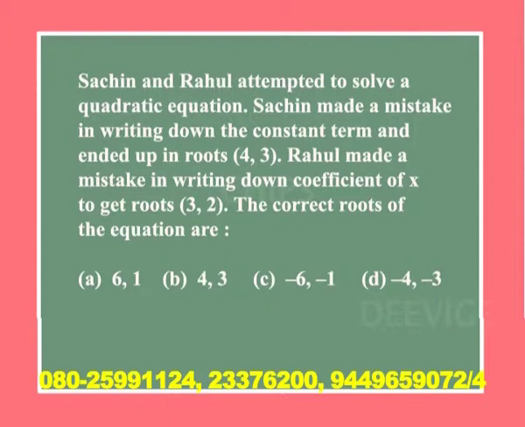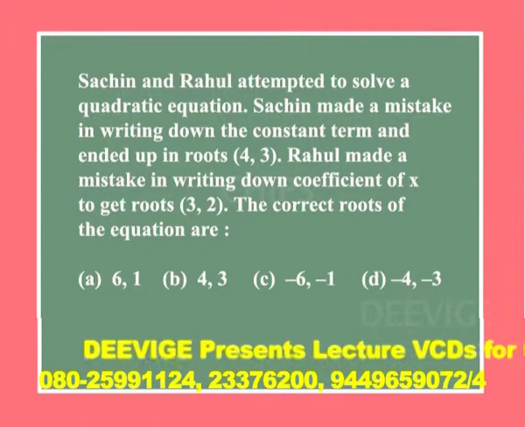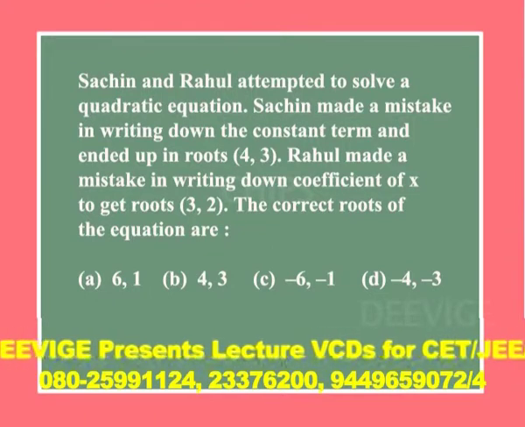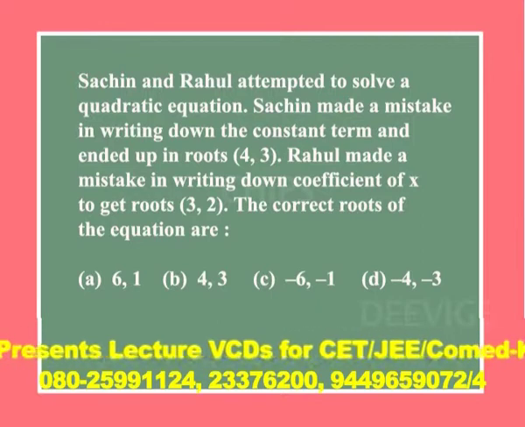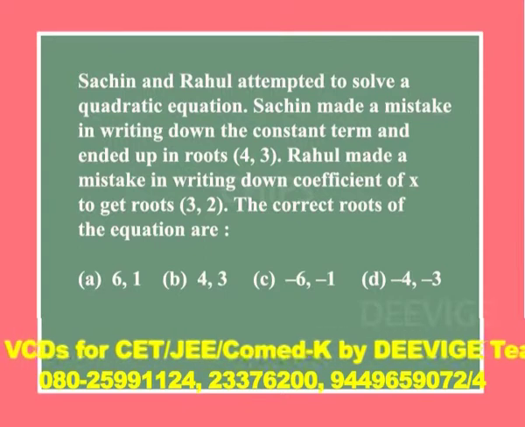Sachin made a mistake in writing down the constant term, ended up in roots 4, 3. Rahul made a mistake in writing down the coefficient of x to get roots as 3, 2. Then correct roots are option A 6, 1, option B 4, 3, option C minus 6, minus 1 and option D minus 4, minus 3.